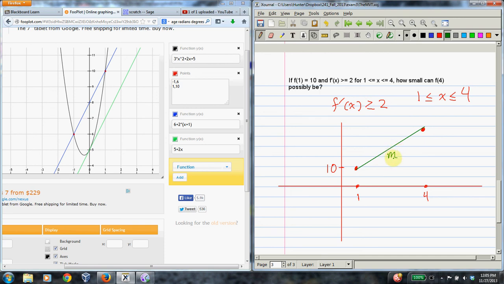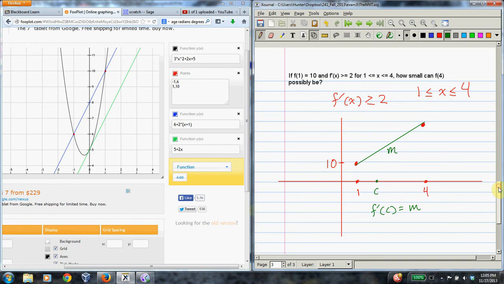However small m is, there must be some point c where f prime of c is equal to m by the mean value theorem. Actually, they lazily leave out the statement, which is really necessary, that the mean value theorem applies to f, so we have to assume that it's continuous and differentiable.